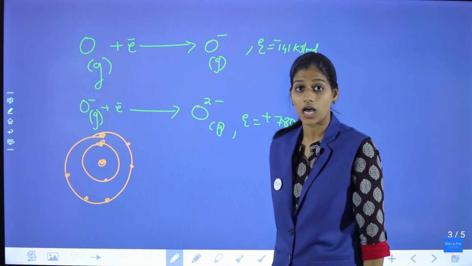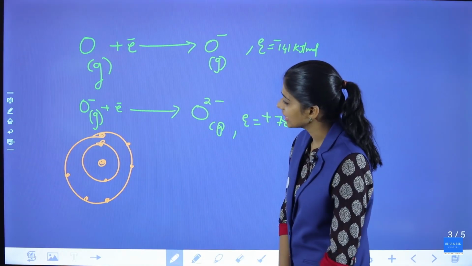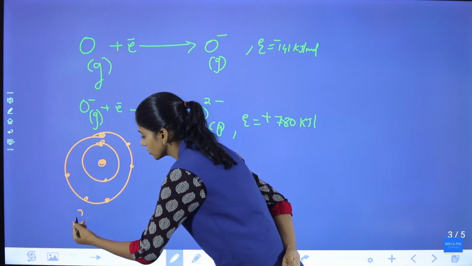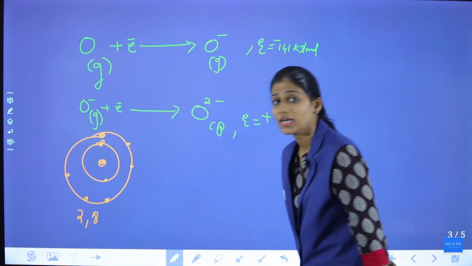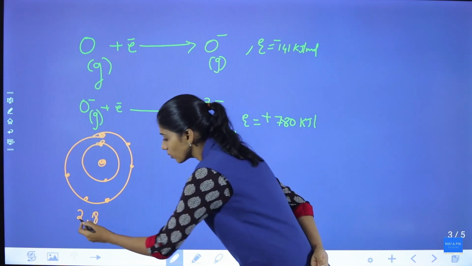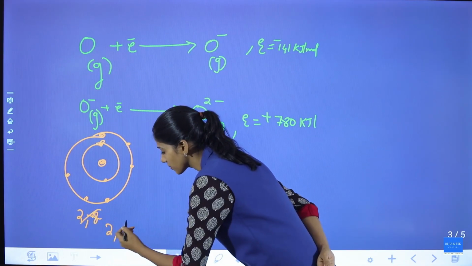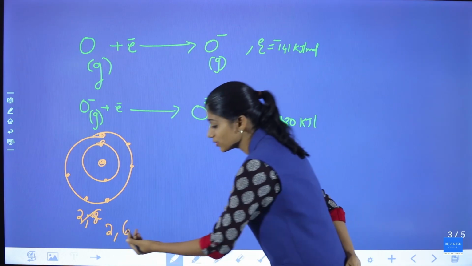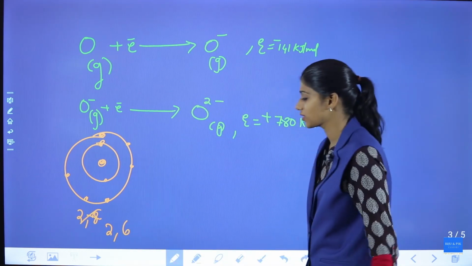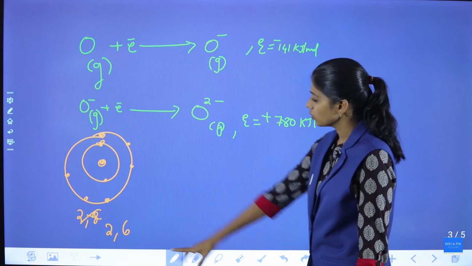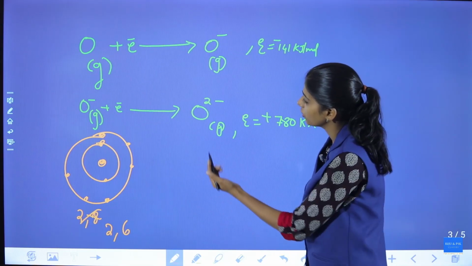Right, so this is how you are representing the oxygen atom. The electronic configuration is 2 6, as the total is 8 (atomic number) and it belongs to the 16th group. So 2 6 is your electronic configuration, and now you are adding an electron.